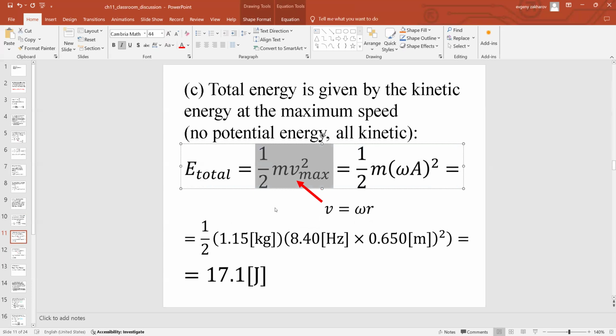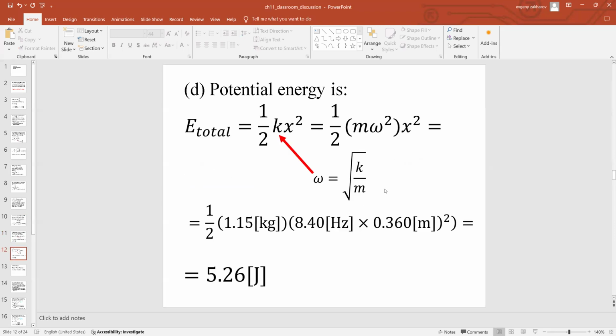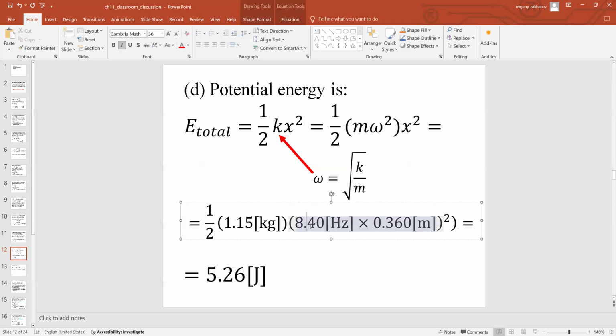The rest is just you really take from the previous discussion, like what is given, what is missing, and you solve for anything that you can possibly wish for. So K is substituted with omega. That's it. You plug in the values.